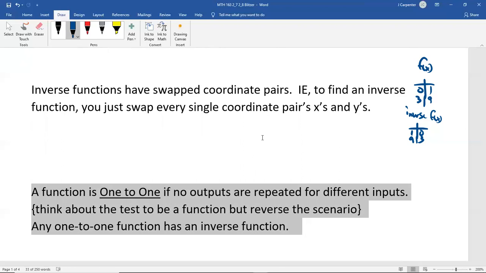A repeated input could not have different outputs. This says repeated outputs cannot have different inputs. So again, it's kind of flipping the script on the function test. But anything that is one-to-one, anything that passes this, that repeated inputs don't have different outputs, repeated outputs don't have different inputs, so it's a two-way street now, that function would be invertible.